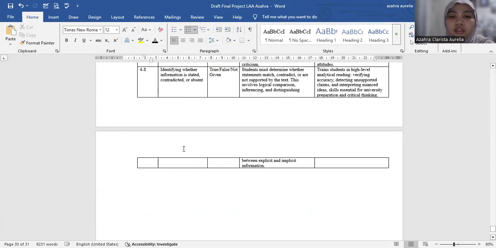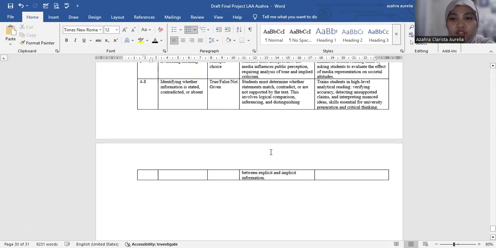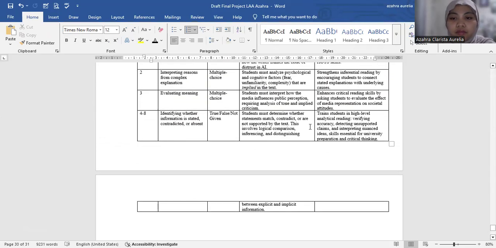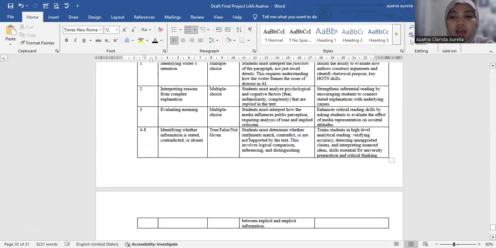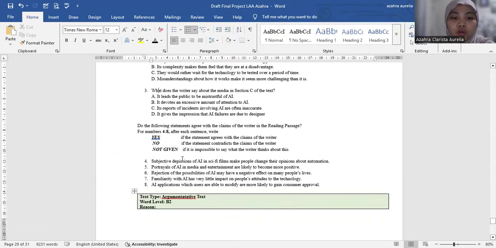It involves logical comparison, inferencing, and distinguishing between explicit and implicit information. So this type of question really trains their high-level analytical reading because it really needs high accuracy, because it's not only yes or no, but also not given.